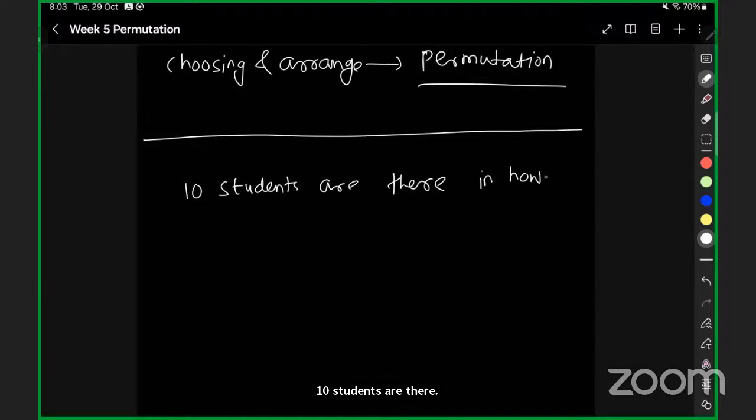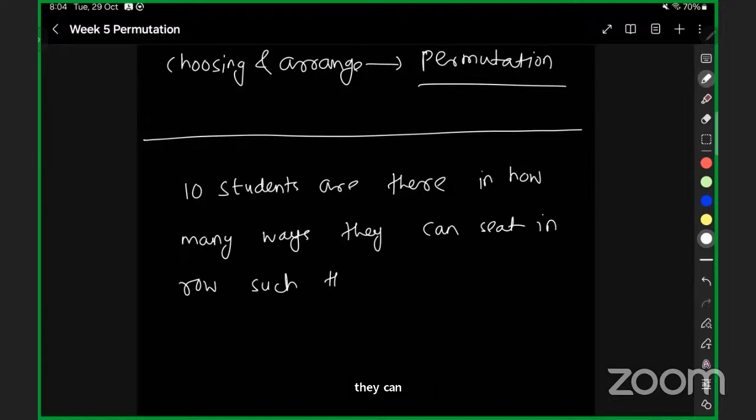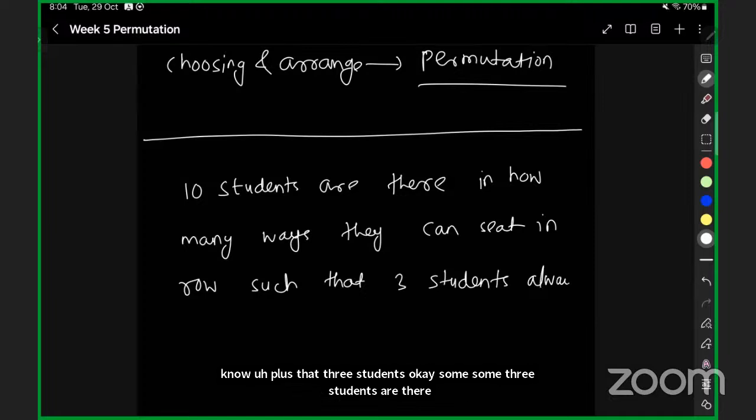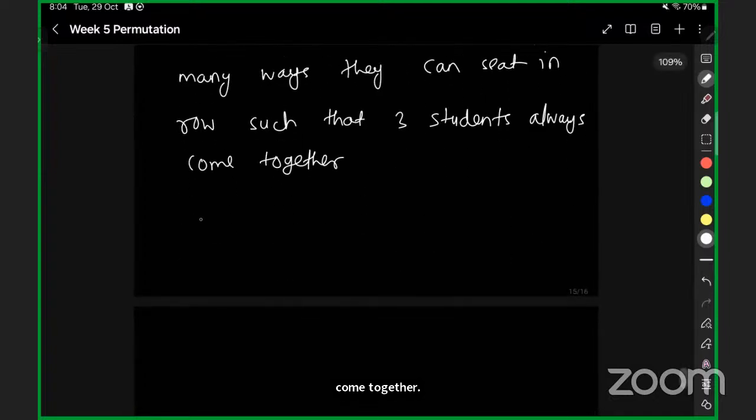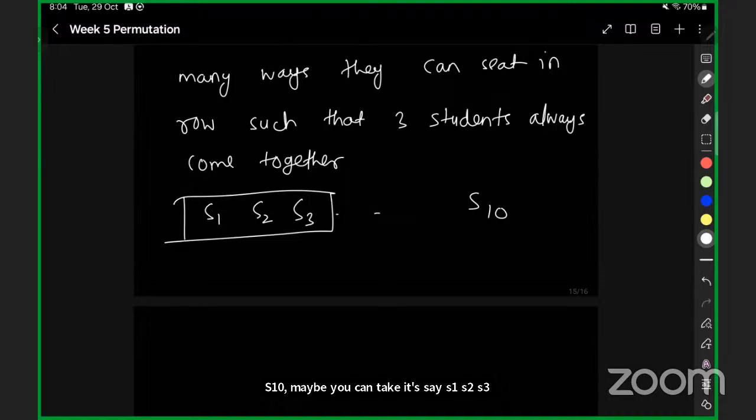In how many ways can they sit in a row such that some three students always come together? Out of 10 students, let's say S1, S2, S3 should always come together. So how will you do this?